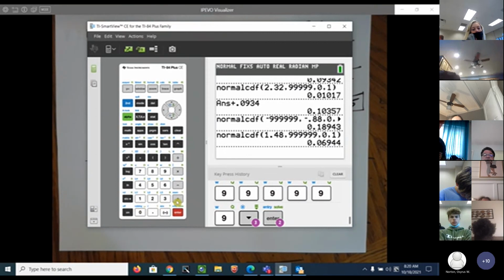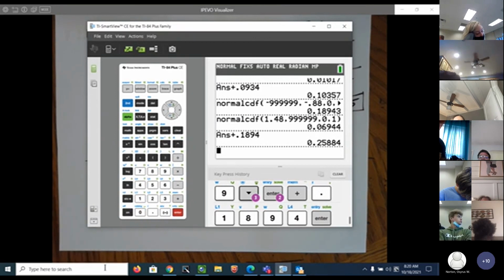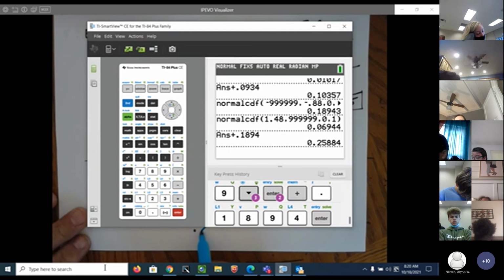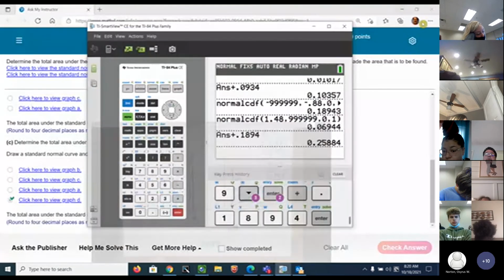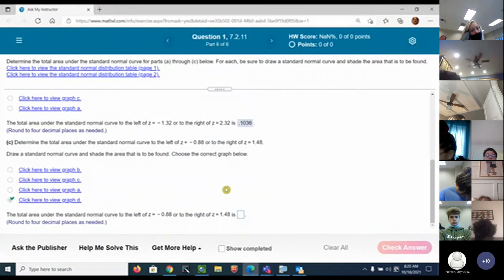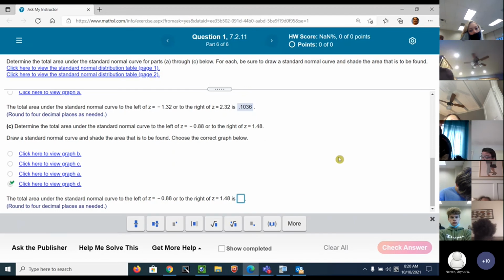So 0.1894 plus 0.0694 is 0.2588. So the total area under the normal curve is 0.2588.